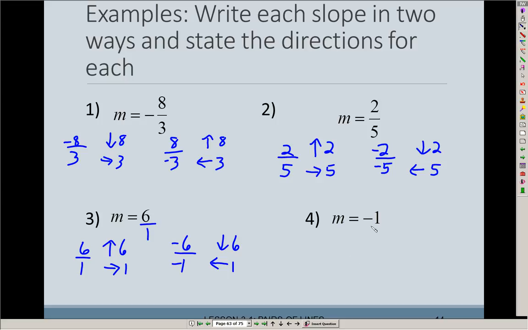And finally, when the slope is negative 1, since it's an integer, we'll put it over 1. We could say it's negative 1 over 1. Negative rise is down 1. Positive run is right 1. And we could also call that positive 1 over negative 1.